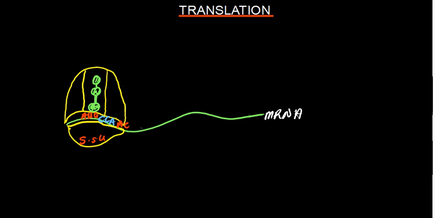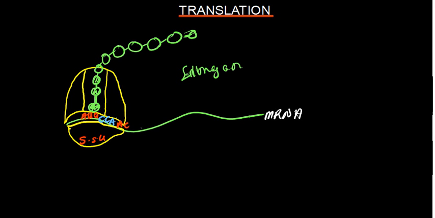So this will continue, and this chain will keep on growing, just like that. So this chain is what we call a polypeptide chain, linked through peptide bonds. This, what has been taking place here, is now the second stage in the process of translation, which we said is elongation.